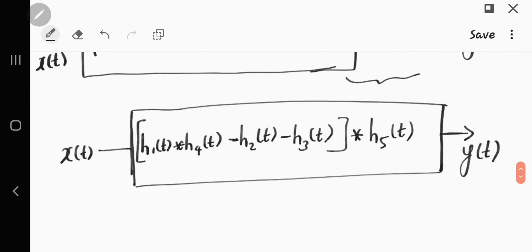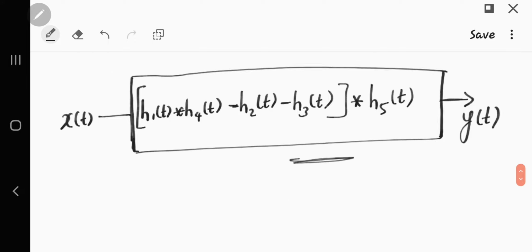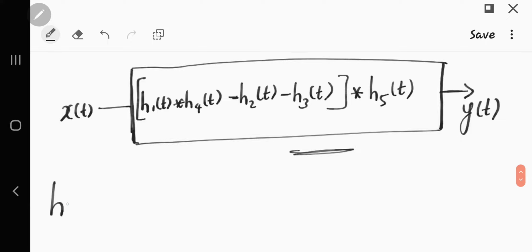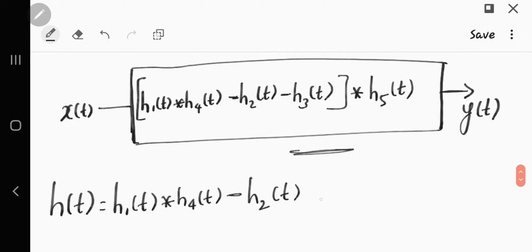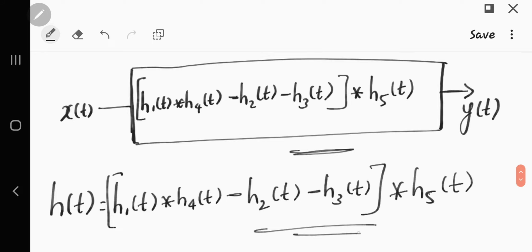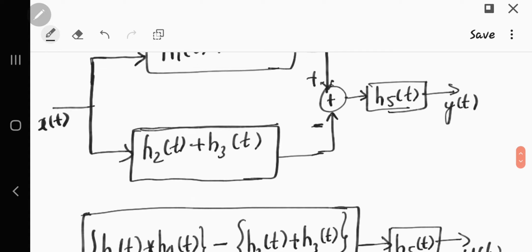So this is the final equivalent circuit we have written, and based on this we can write h of t is equal to h1 of t convolved with h4 of t minus h2 of t minus h3 of t, and this whole thing is convolved with h5 of t. So this is the system impulse response for the given system.